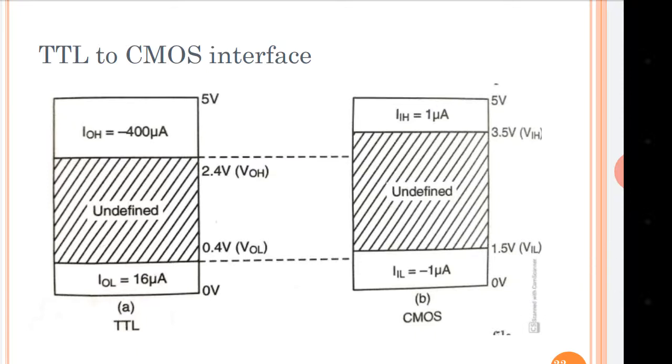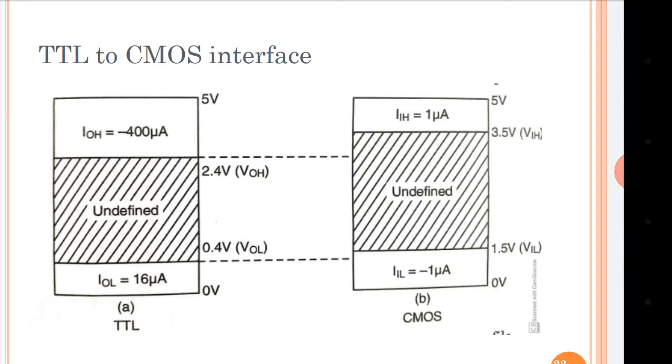Observe this diagram. As we know, in the previous slide we have observed that our strategy is to match the electrical parameters such that the voltage equations, the above 4 equations we have studied, are satisfied.